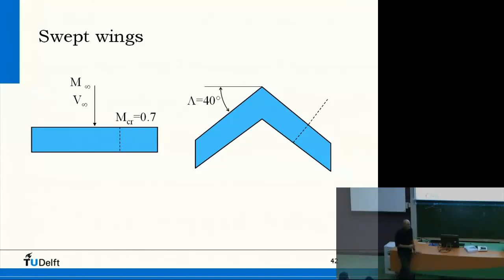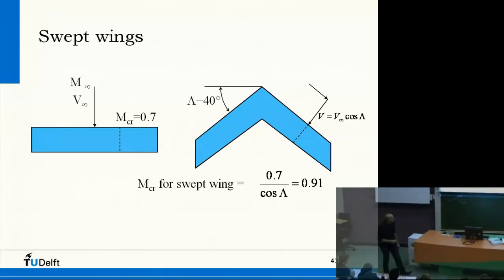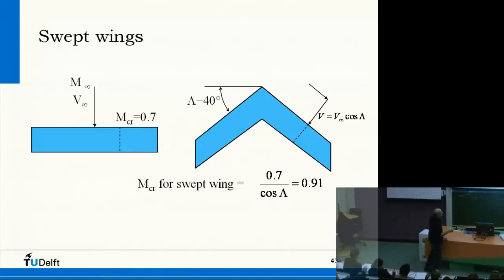If we now sweep the wing like this for 40 degrees, then what really happens is that what the airfoil sees in this situation is, in fact, this velocity. There is, of course, also a velocity in span direction, but the effective velocity making the pressure distribution is not V, it is V infinity cosine lambda, which makes the M critical for this swept wing not 0.7, but 0.7 divided by cosine lambda, which is 0.91.